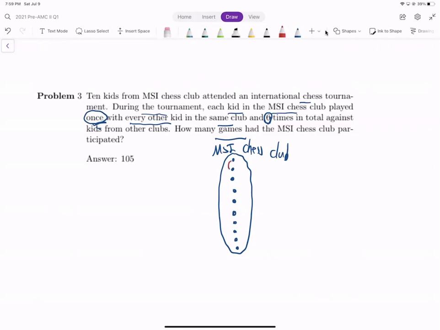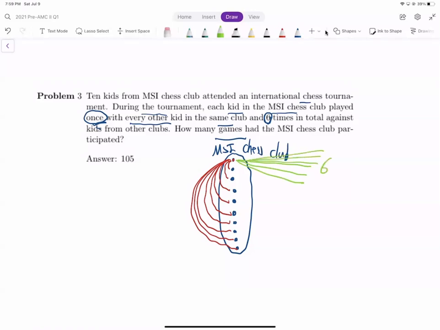For each kid, let's say this kid, we play once with each other kid in the group, and then it also plays 6 times with kids from other clubs.